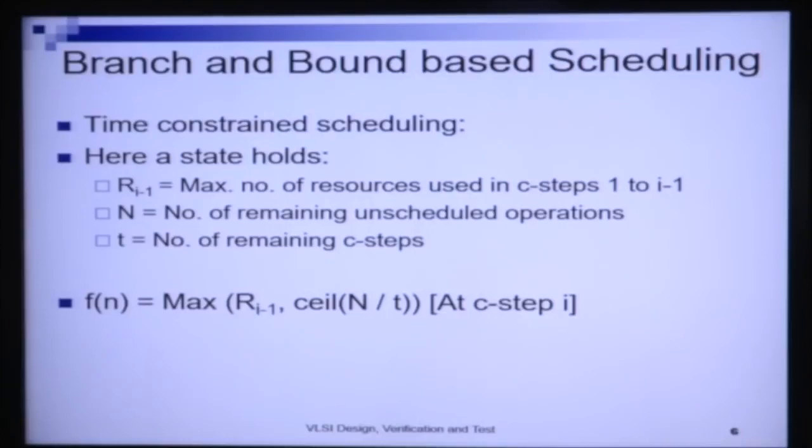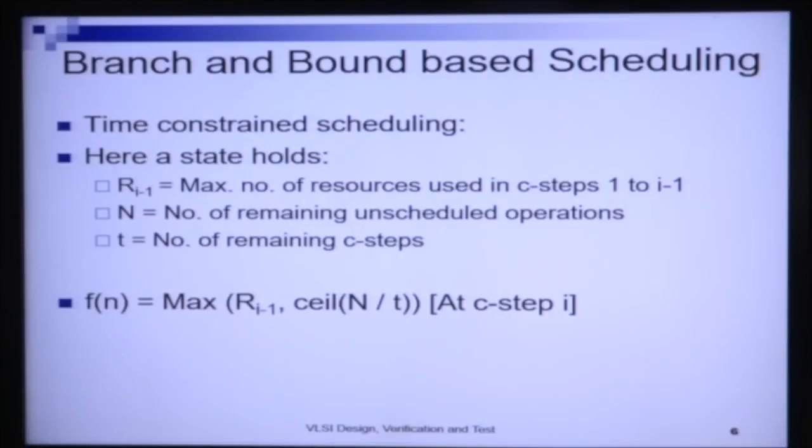That means before the current time step, what is the maximum number of resources in any given time step that I have used, and a lower bound on the minimum number of resources that I may need to use at any given time step for the remaining time steps. So I have a remaining number of time steps. In any of these time steps, what is the lower bound of the maximum number of resources that I may need? Now, a max of R i minus 1 and ceil n by t.